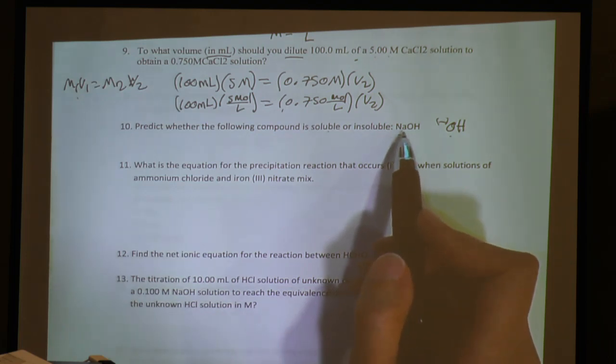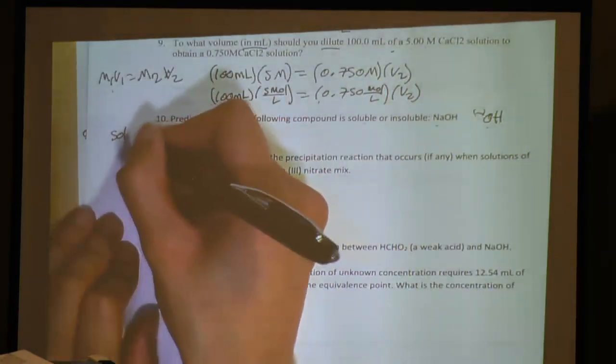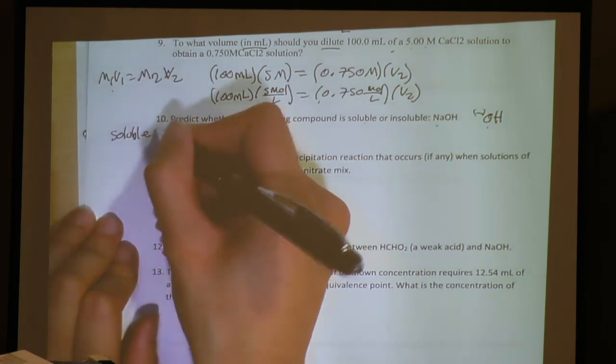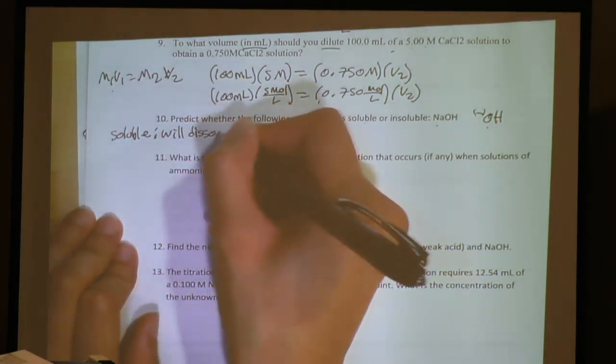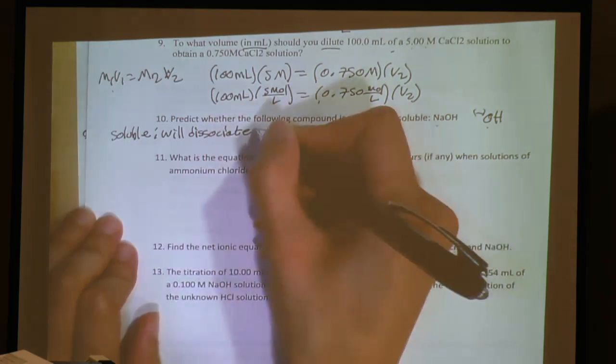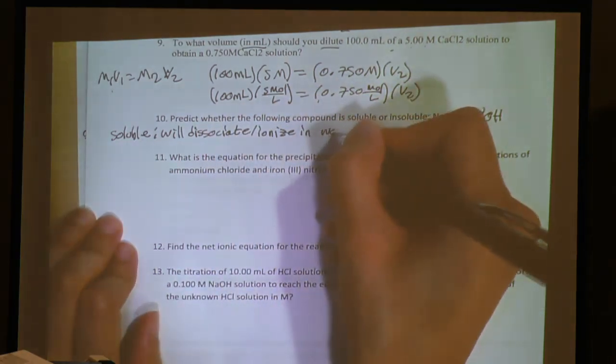And if you have to take organic chemistry, this is a very big reagent that you're going to end up using. So again, soluble means it will dissociate. Another word for dissociate is ionize in water.